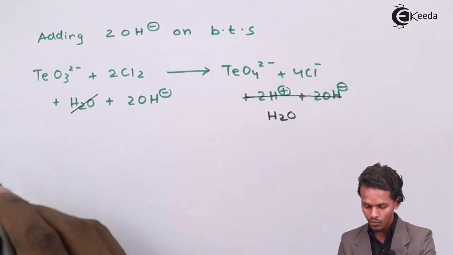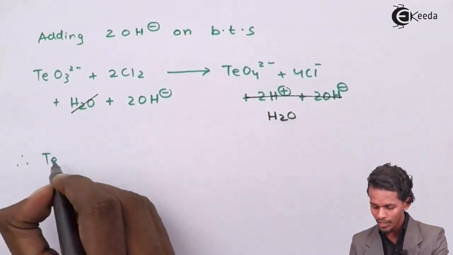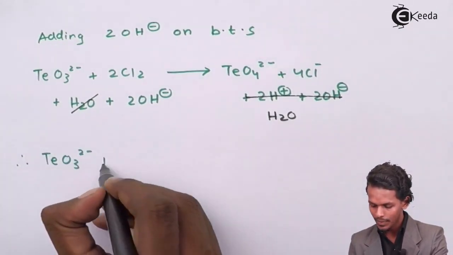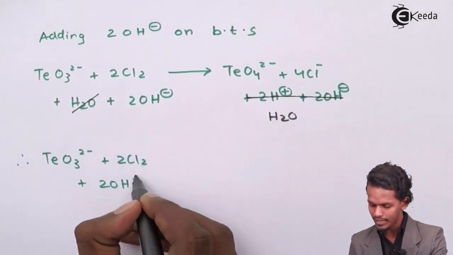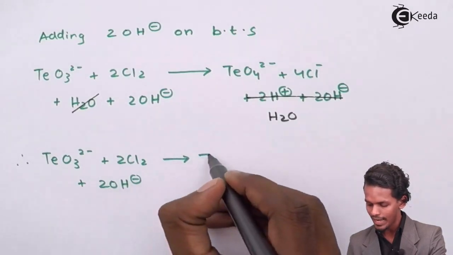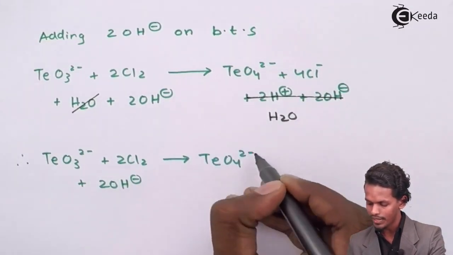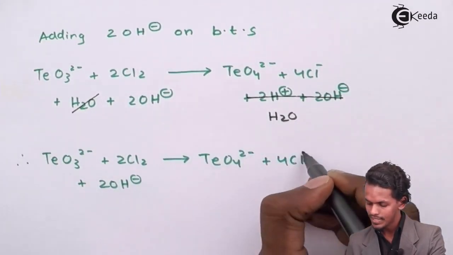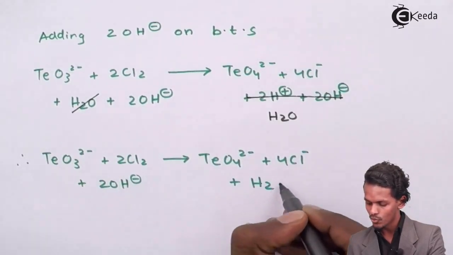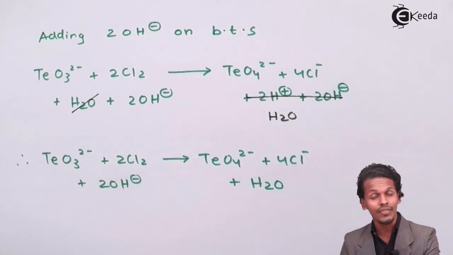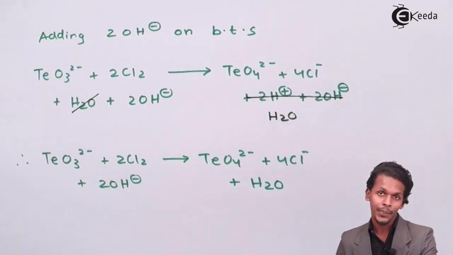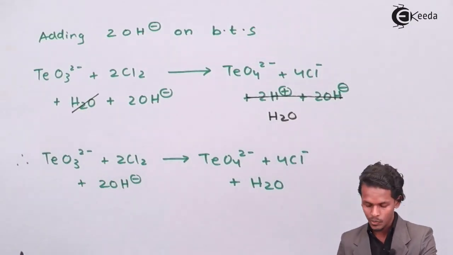So ultimately the answer would be TeO3 2- plus 2 times Cl2 plus 2 times OH minus will give us TeO4 2- plus 4 times Cl- plus H2O. So this is the final equation that we have balanced in the overall process.